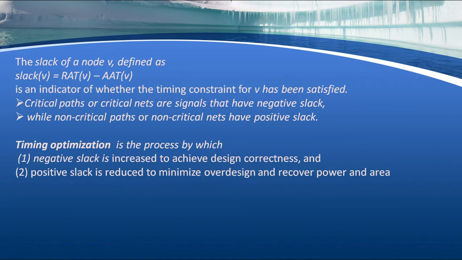The slack of a node V is defined as the required arrival time minus the actual arrival time, and is an indicator of whether the timing constraint for V has been satisfied. Critical paths or critical lines are signals that have negative slacks, while non-critical paths or lines have positive slacks.